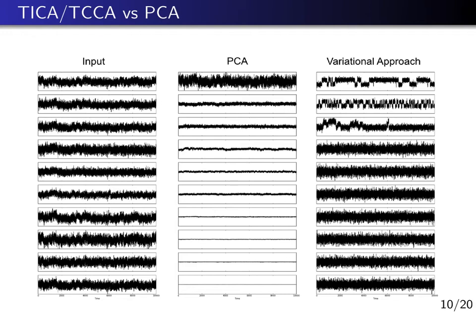So what I did here is to take a metastable signal in 3 dimensions, so a signal that switches rarely between discrete states and each of them will output from Gaussian distributions that are in 3 dimensions, similar to the example before where you have seen that in 2 dimensions.